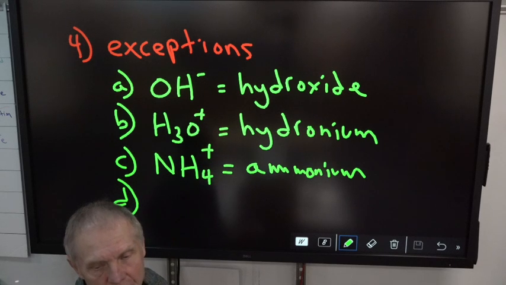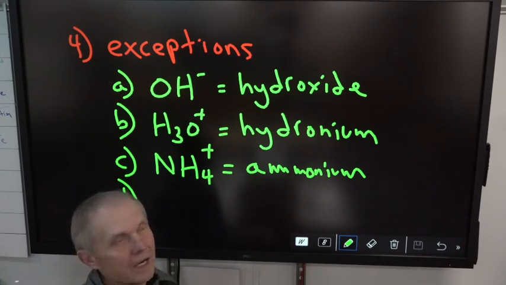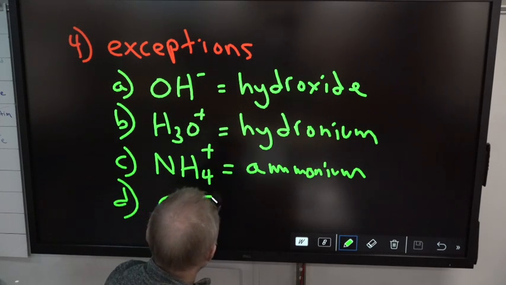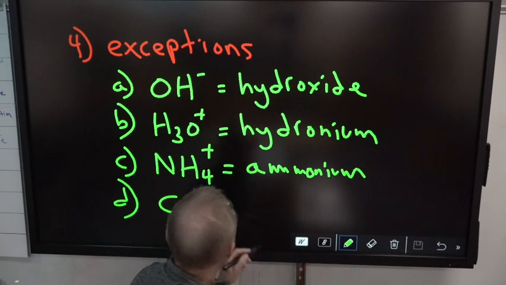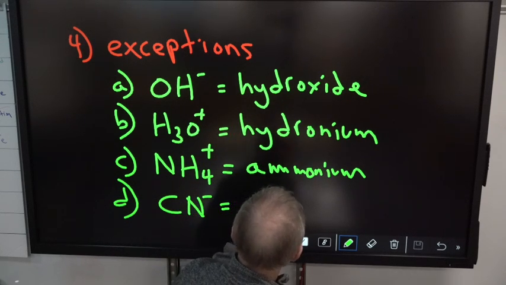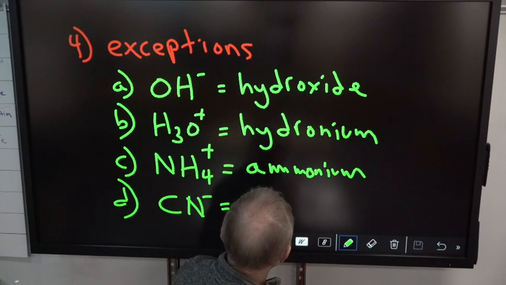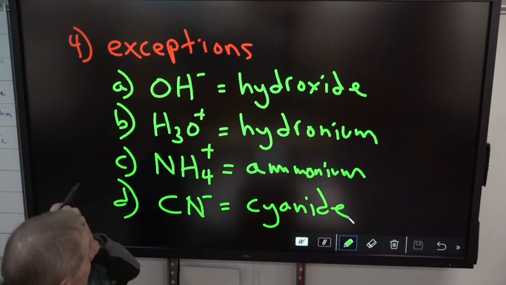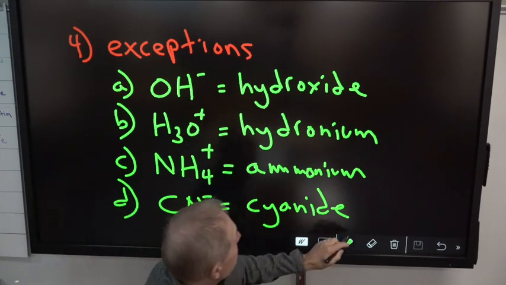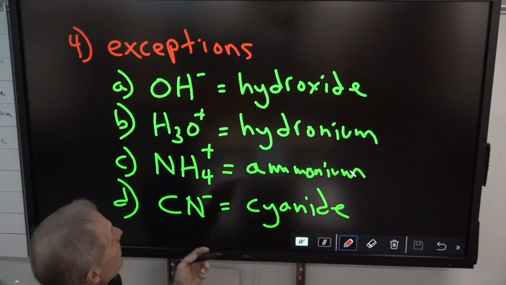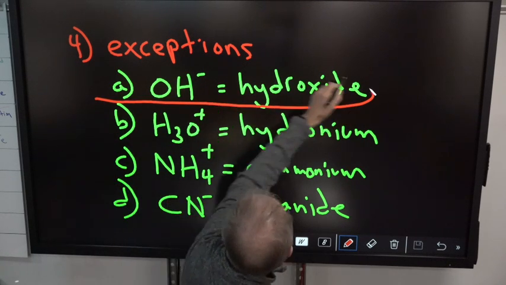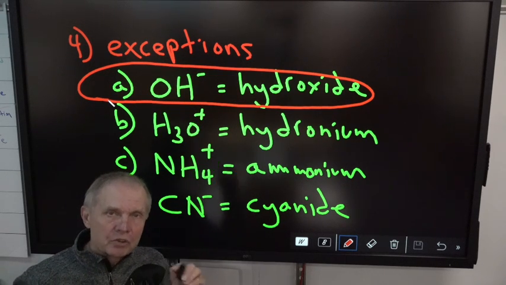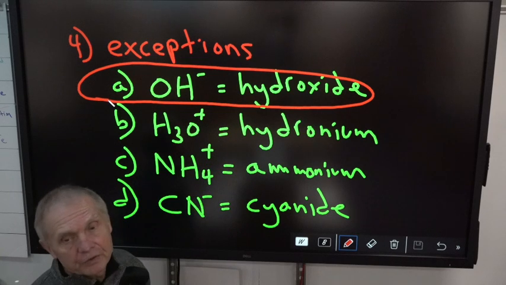And we'll just do one more. Cyanide. That's CN minus. Okay, so these are the exceptions. There's a couple more, but the most important exception for us is this one. OH minus is hydroxide. So most end in ate or ite except these guys right here.